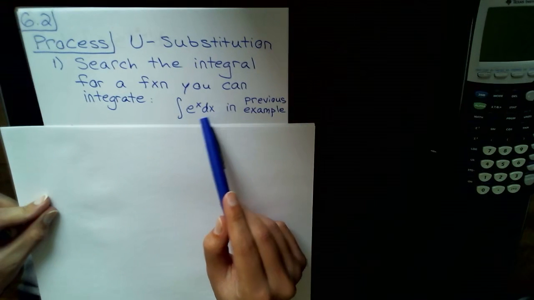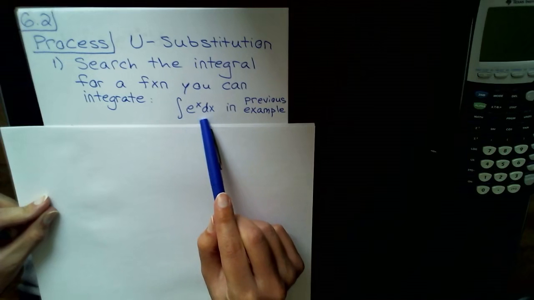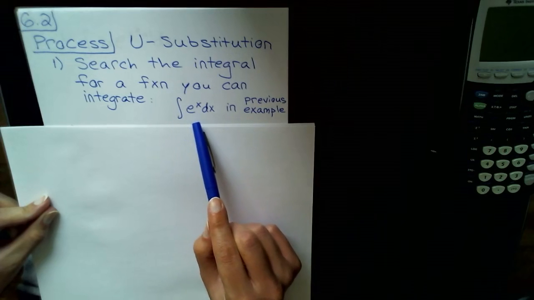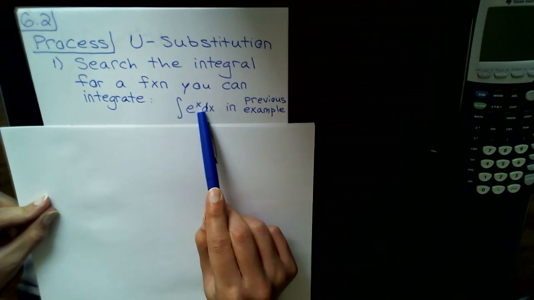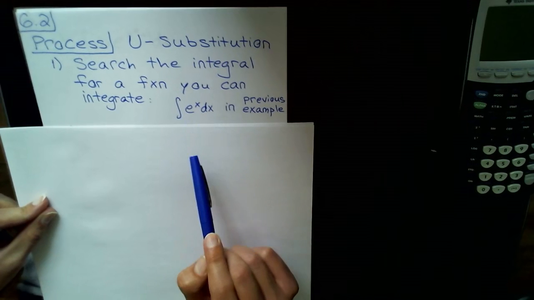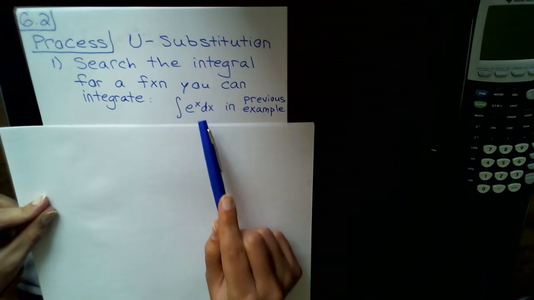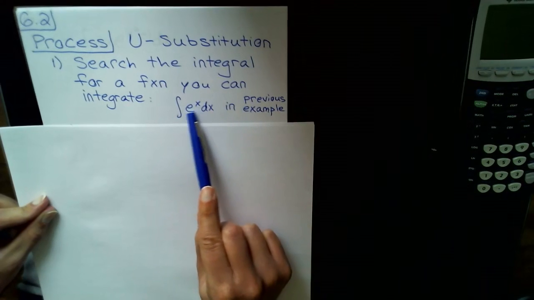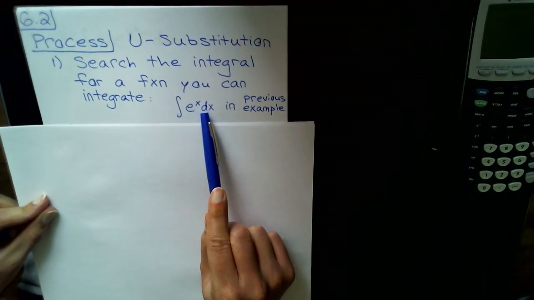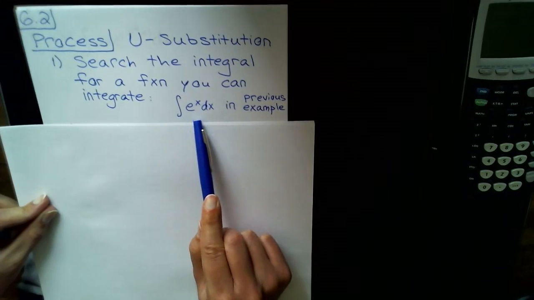So for instance, in that last problem we had, 2x e to the x squared plus 1, e to the x was the most complicated thing in that function. So we look through the problem, we notice e to the x, the function e to the x, and we know we're going to need to work around that.